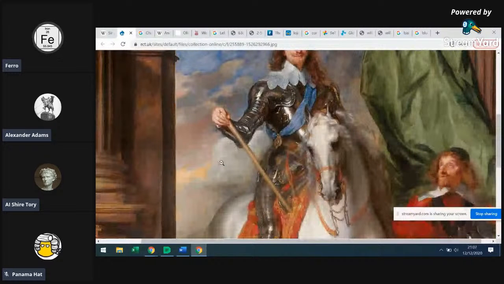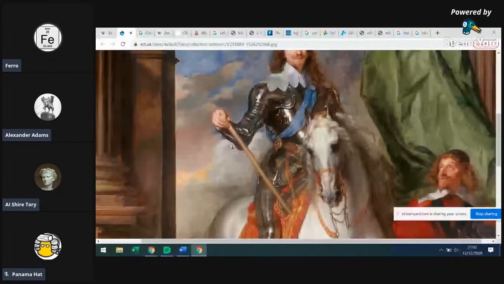If you see a lot of Renaissance paintings, the condottieri, often their leaders would have this kind of rod that they would use to almost conduct the battlefield from, an indication that he's the commander.